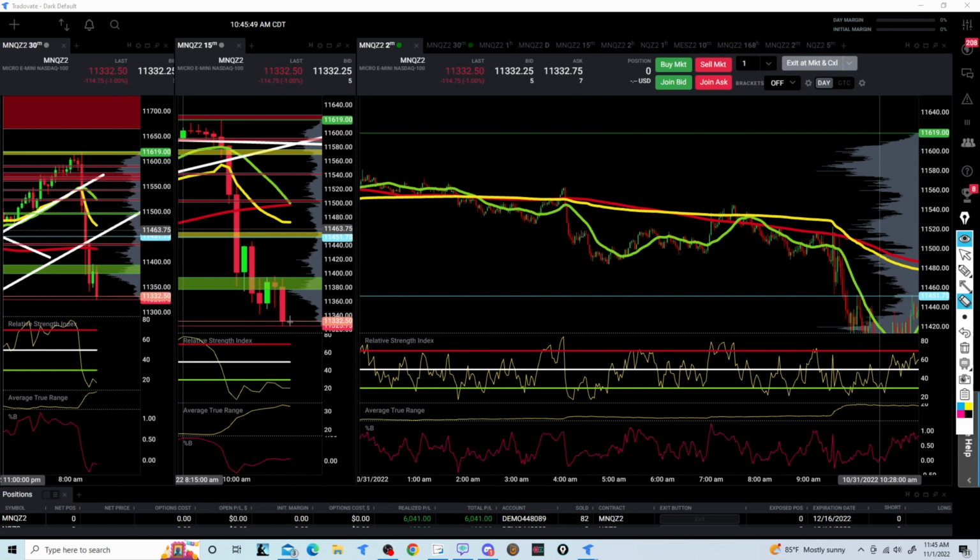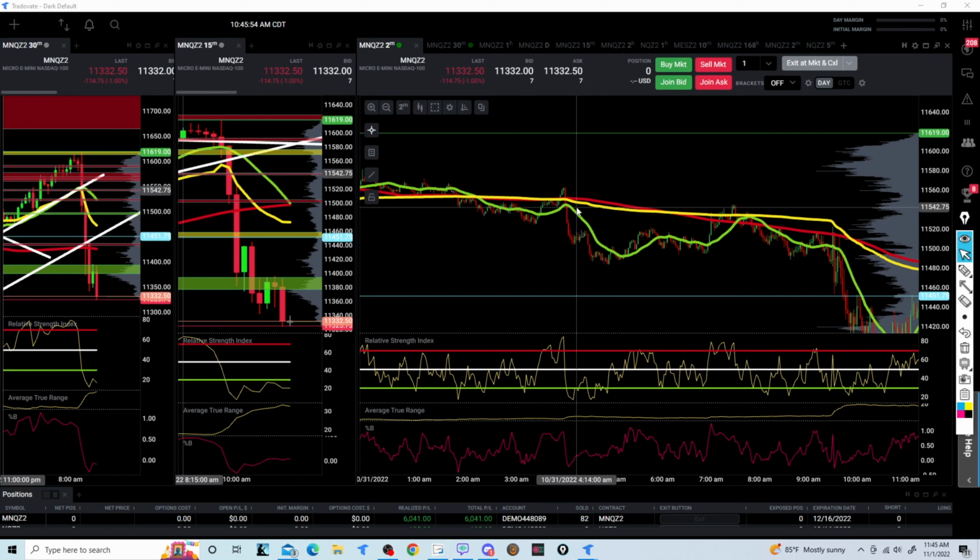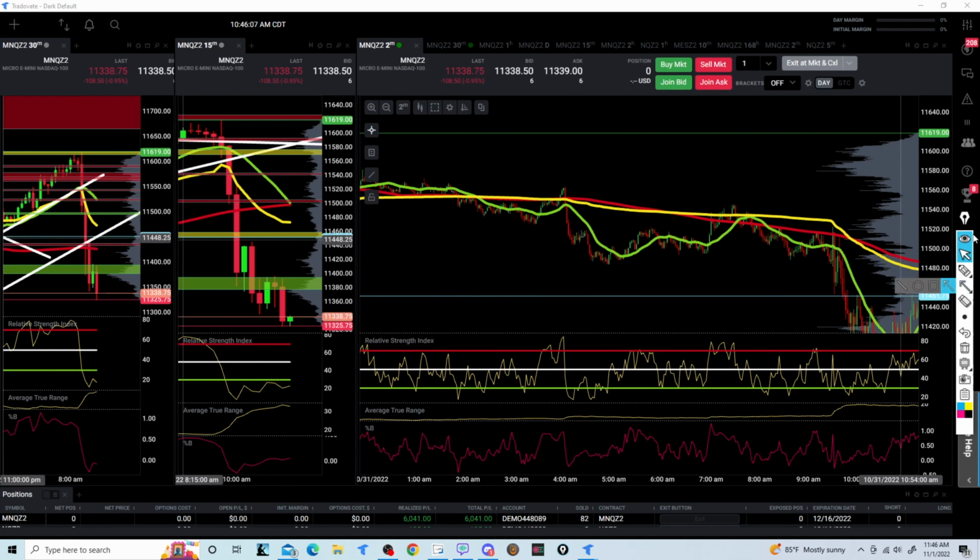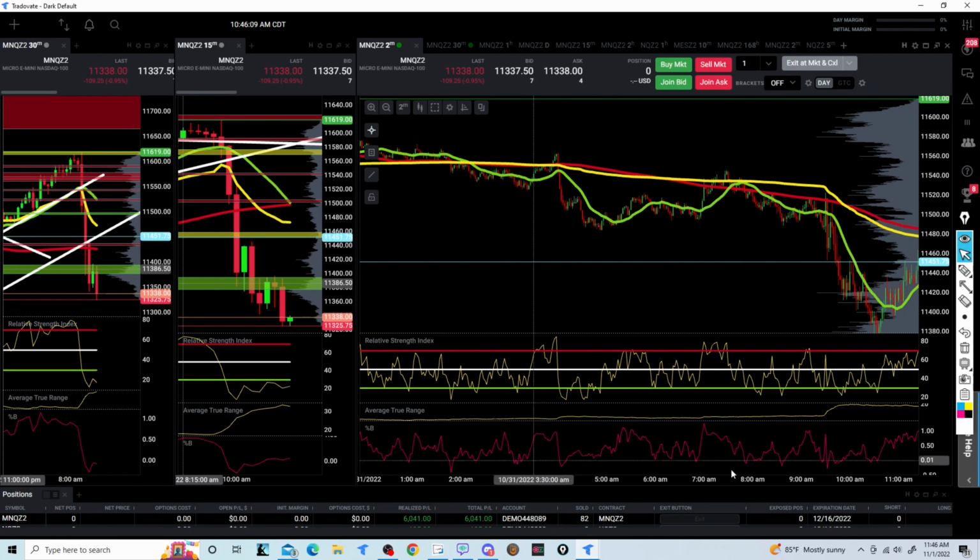Do you understand that? Do you see the power behind the 20 period moving average and the 200 period moving average? If you were only to trade using the 20, 200, and the volume weighted average price, honestly, you don't even need the volume weighted average price for that strategy. You don't need any RSI or anything else.